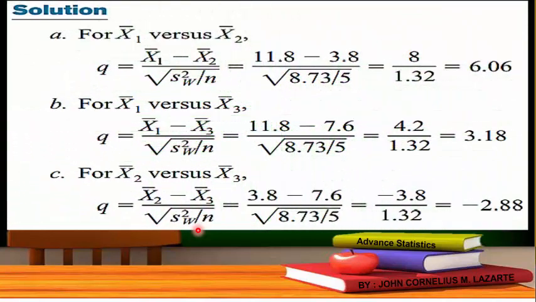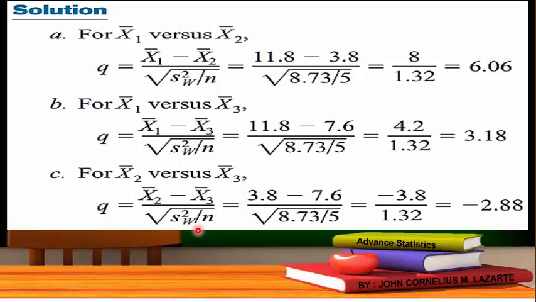Now let us apply it on the same data that we used in the first example regarding the medication, exercise, and diet. For letter A, we compare the first and the second mean. For letter B, we compare the first and the third mean. And lastly, for letter C, we compare the second and the third mean.